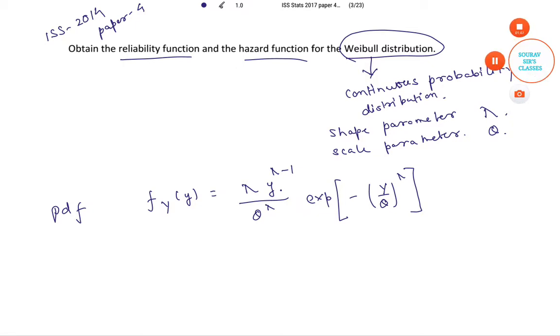Now we have to find the reliability function and hazard function. First, the reliability function, which we also call the survivor function.